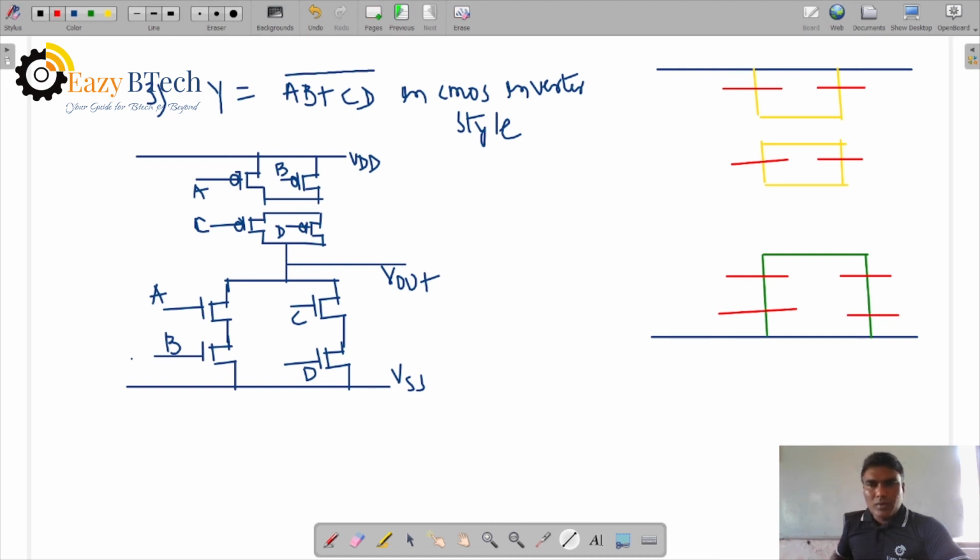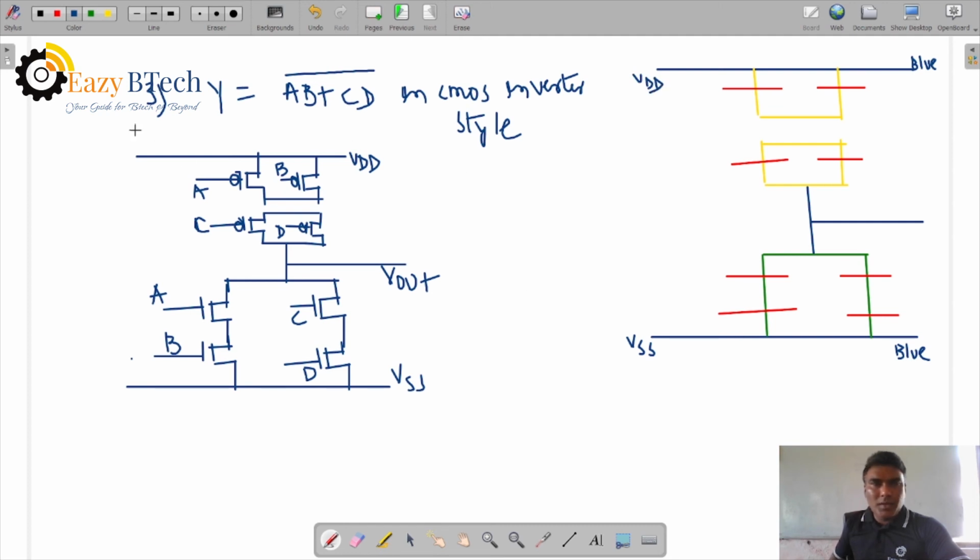So four transistors are here. Now joining from here to here is done by using metal, and the output is also metal. We can represent VDD in blue color, and this is VSS and this is VDD.